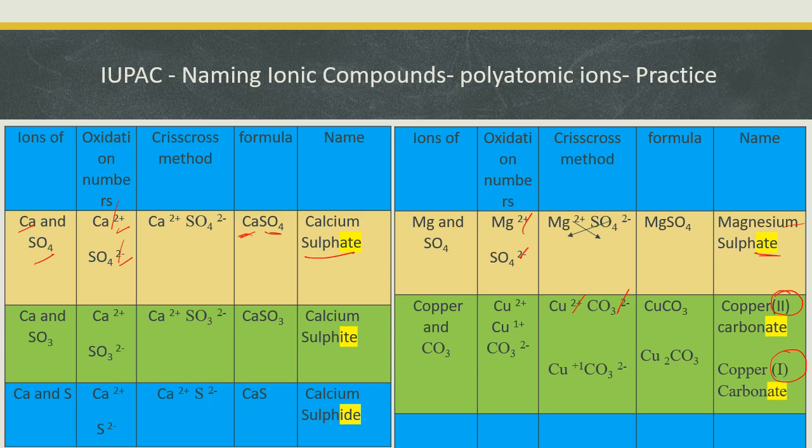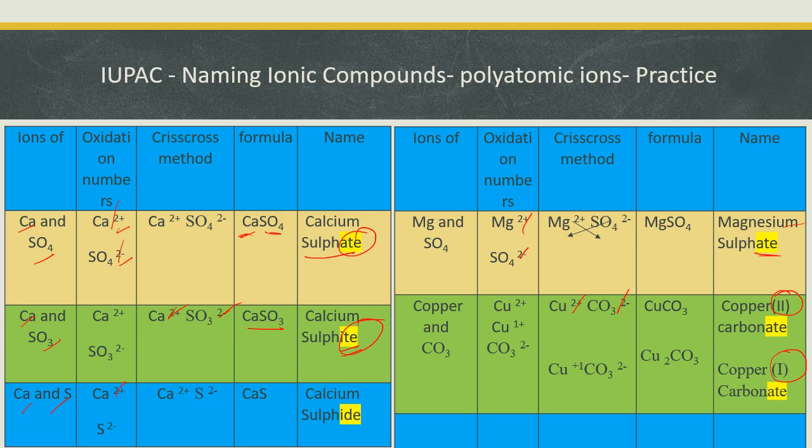And Ca and SO3, look at that difference. Again, 2 positive and 2 negative will cancel each other. CaSO3, one oxygen less, and the name ends in ITE. This is what we just discussed, ATE, ITE.